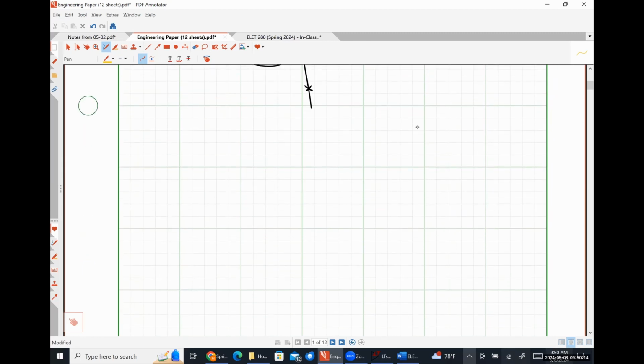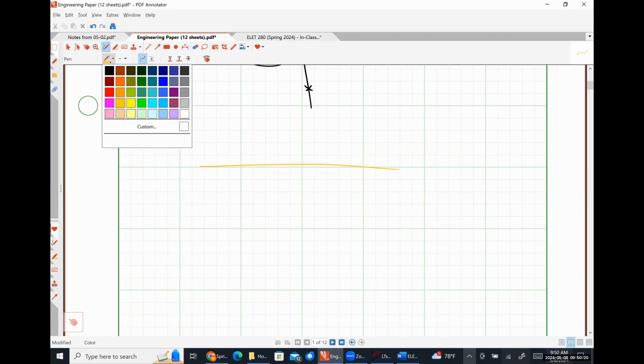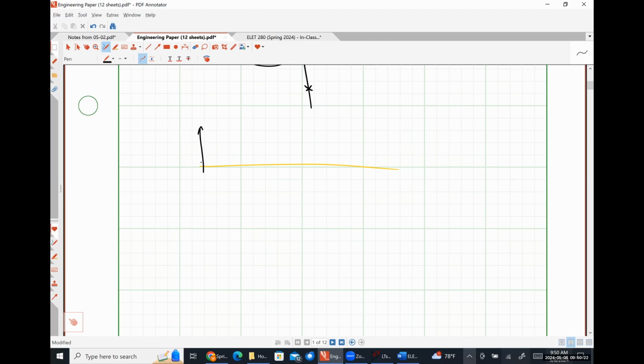If we had omega p1 here and omega p2 here in the high frequency response, if I'm remembering correctly, the Miller method is going to push these in a little bit. They're either both going to be in or they're both going to be out. I don't remember exactly off the top of my head, but they're both going to be moved in.